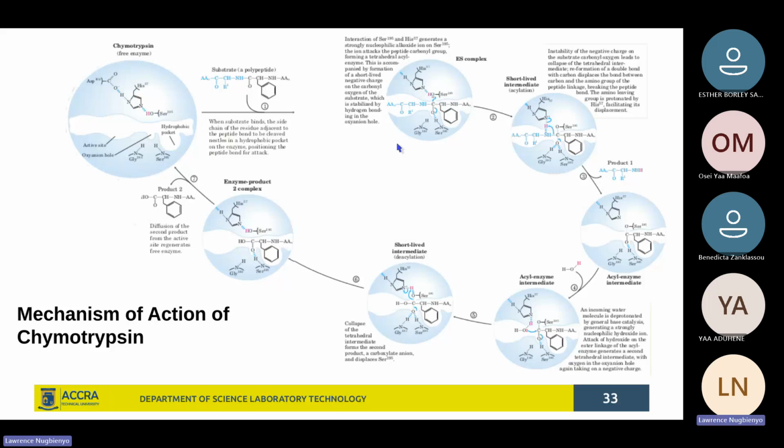Right, so what you see on the screen is a step-by-step mechanism of action of the enzyme chymotrypsin. Now, right from the beginning, let me caution that you don't need to cram this into your head.